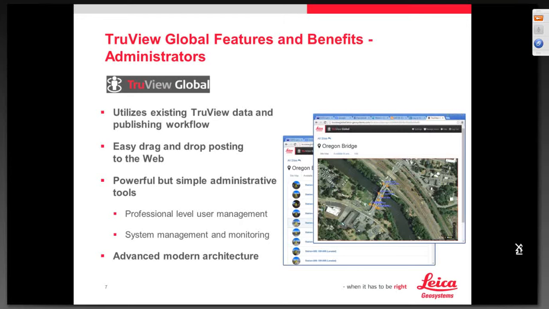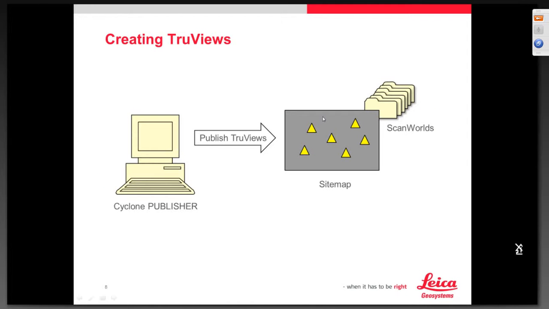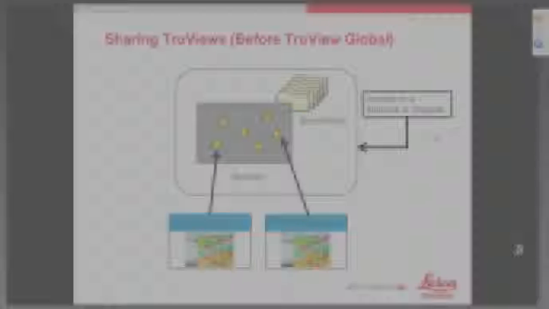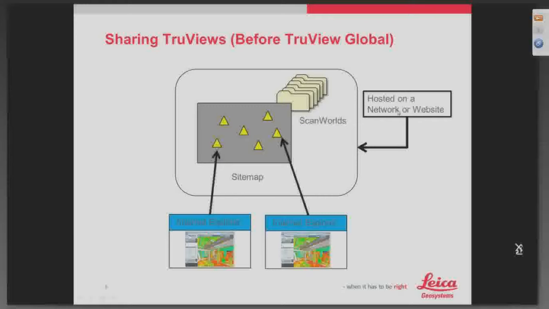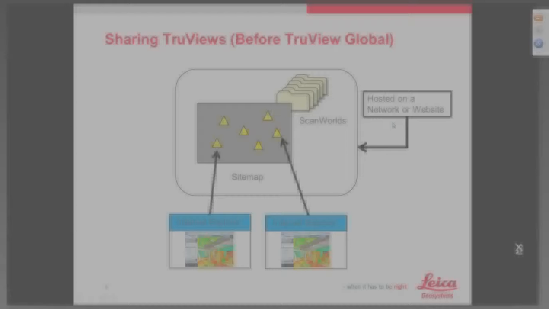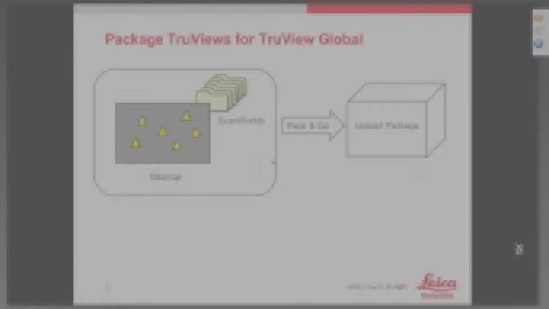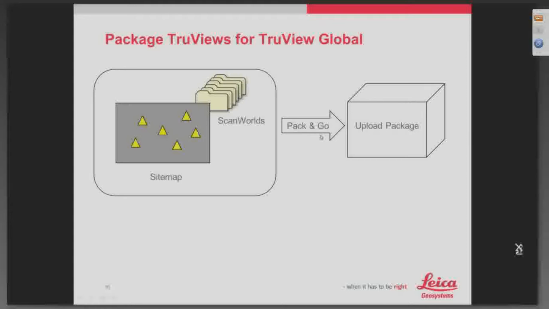So it's very advanced. The concept is that you publish your TruViews the way you used to publish them. There's nothing different there. In the old world, what you used to do is take that site map and those scan worlds, and you would host them on your network or on a website. But the steps today are you take that same TruView data set and you pack it using Pack and Go.